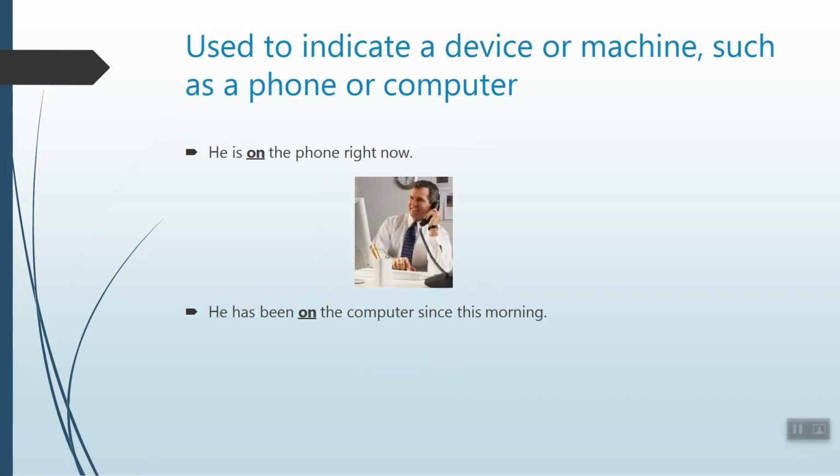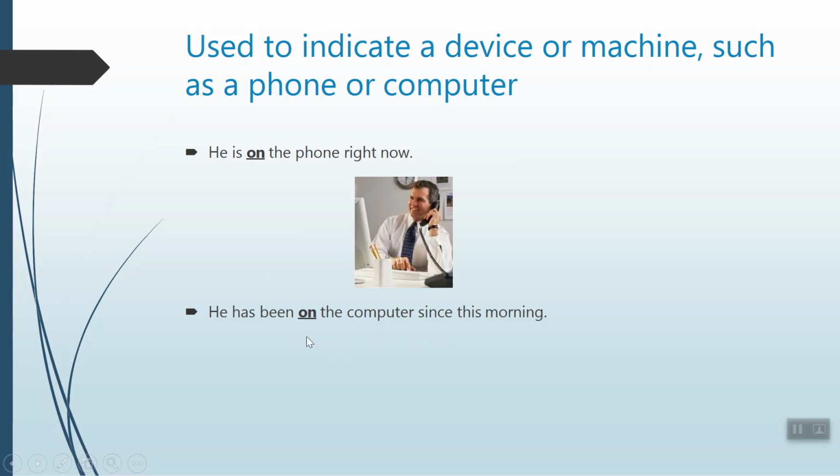We also use on to indicate a device or machine such as a phone or computer. For example, he's on the phone right now. He has been on the computer since this morning.